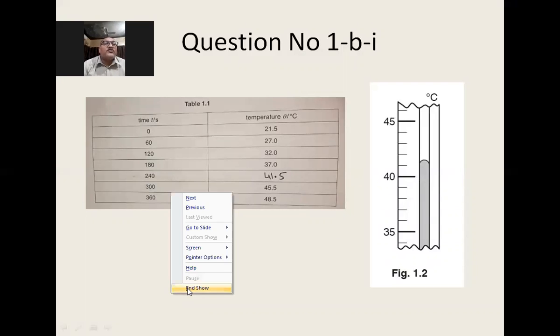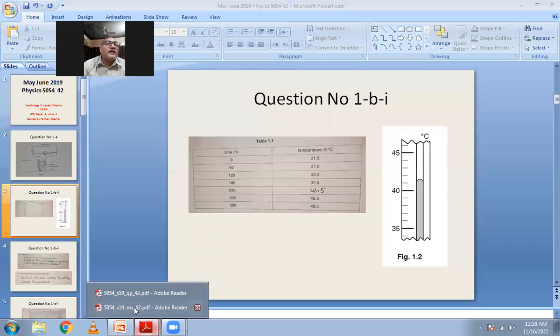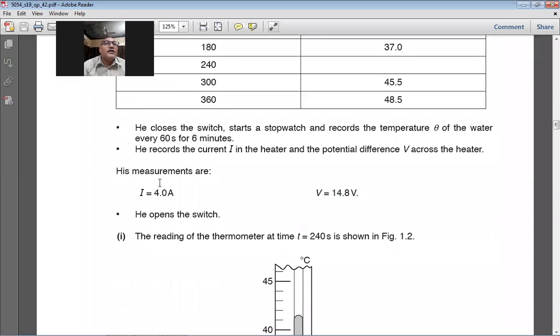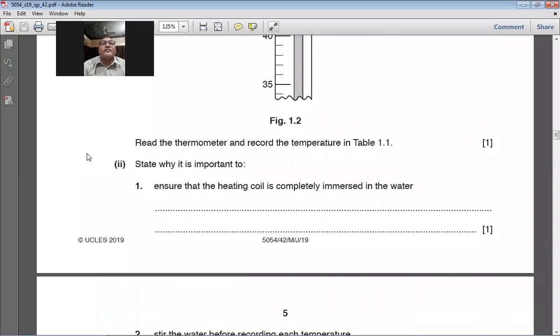So the next question will be, question number B, and its first part is, state why it is important to ensure that the heating coil is completely immersed in the water. You know that the heater should be completely immersed in the water so that all the heat which is produced by the heater is absorbed by the water.